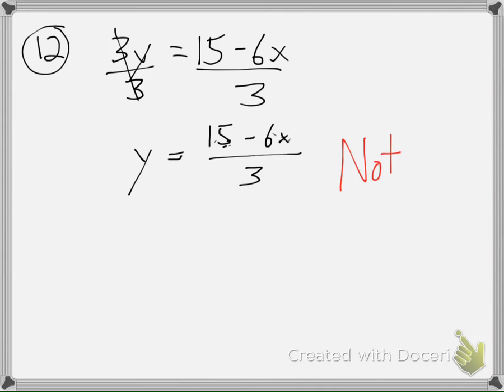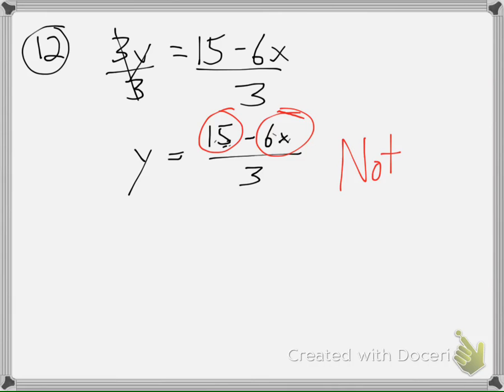It's going to be y equals 5 minus 2x if you worked it out, but all I want you to see is that this is a constant, this is a variable, and I can't combine them. If they can't be combined, you're going to have y equals some number plus or minus some number, and it's not direct variation.